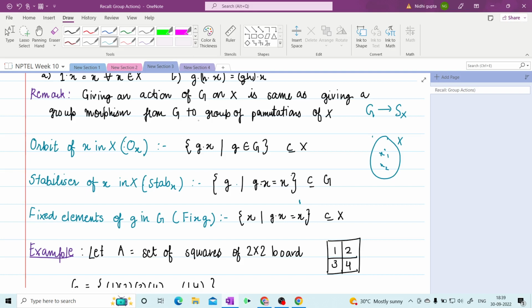So the orbit of x is basically all the possible positions to which x can move via G.